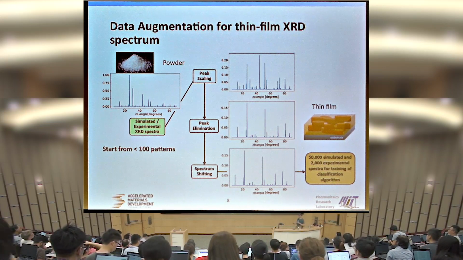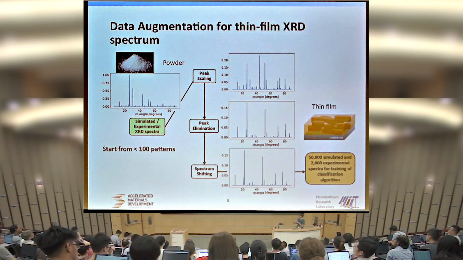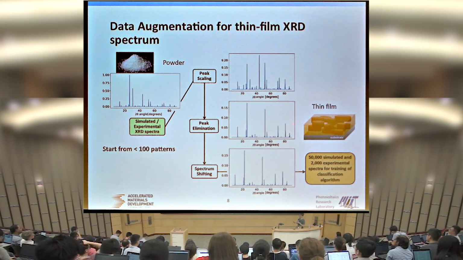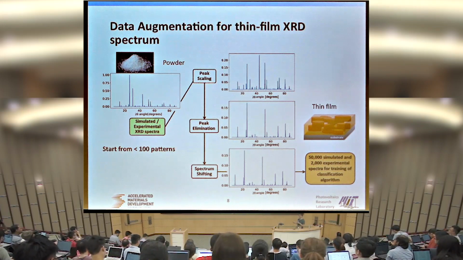But in the actual films you make, typically it's much easier to make thin films in the lab. In the same film, there are many mini crystals, and these mini crystals have different orientations.